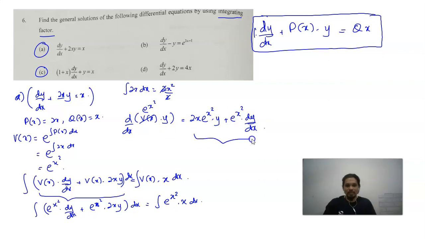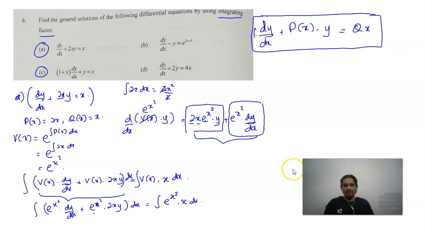Let's compare: e^(x squared) dy/dx, we get it here, and e^(x squared) times 2xy, it's all here.